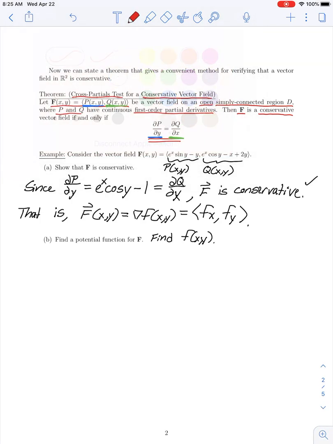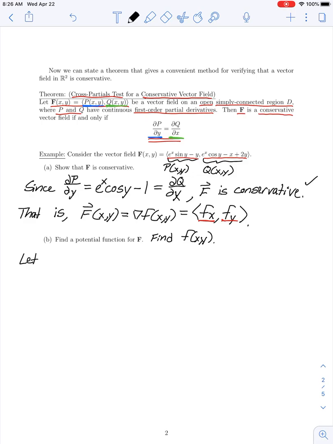So let's think about how we're going to do this. In order for our vector field to be equal to a gradient vector field, we know that the first component of this vector field, that is the function p, has to equal the partial derivative of the potential function with respect to x, and the second component, q of x y, has to equal the partial derivative of the potential function with respect to y. So we'll start by setting those functions equal to each other.